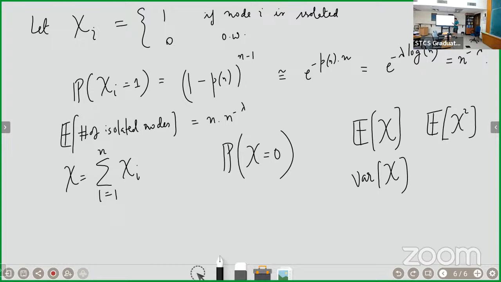You can also do it from first principle. So that's correct.